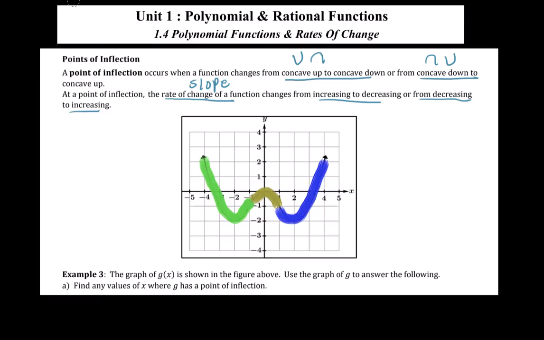One point of inflection is x equals -1, where the graph switches from concave up to concave down. And then x equals 1, where the graph switches from concave down to concave up. So the 2 points are 1 and -1.